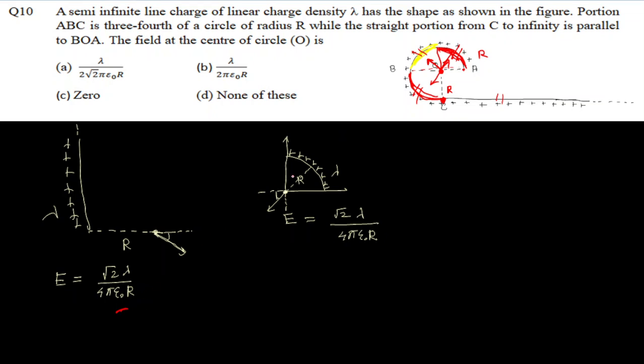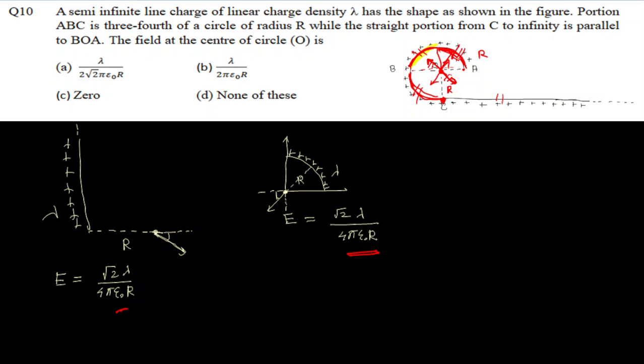Also, the quarter portion of this circle will create the same amount of electric field, along this direction. So again, they will also cancel out each other. So what will be the net electric field then?